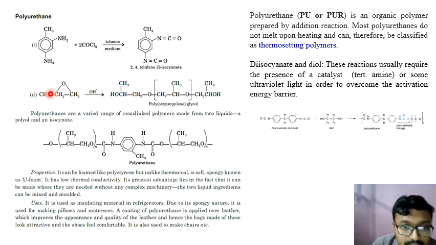Another molecule is called oxypropylene. When oxypropylene reacts with OH minus, it forms polyoxypropylene glycol. Now this polyoxypropylene glycol and 2,4-toluene diisocyanate react to give this polyurethane molecule. Polyurethane is an example of a thermosetting polymer.